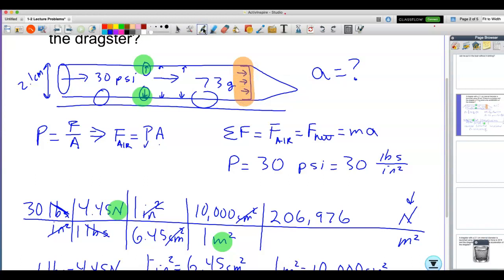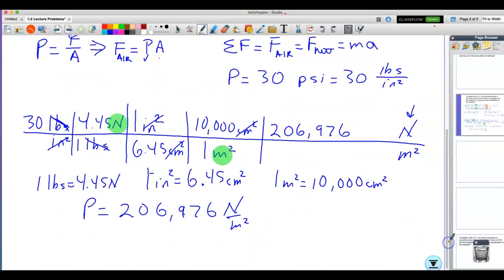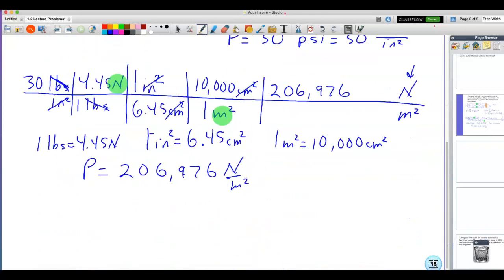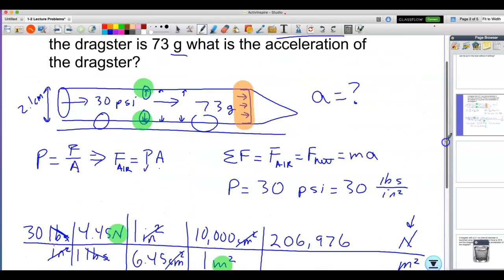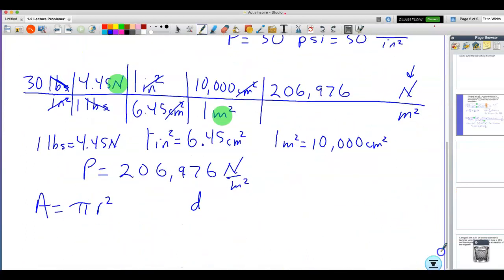So it's just the area of a circle, right? So we need to calculate the area of the circle. That formula is A equals pi r squared. And we know that our diameter, if you go back up, was 2.1 centimeters.